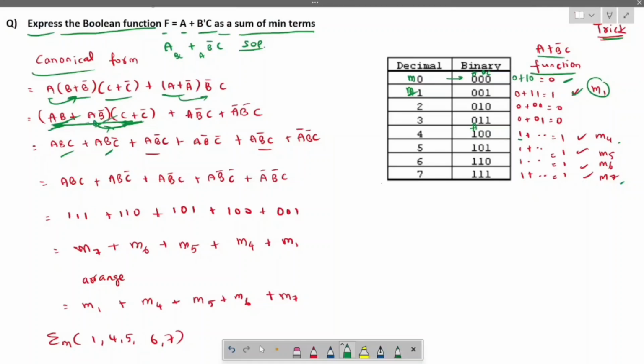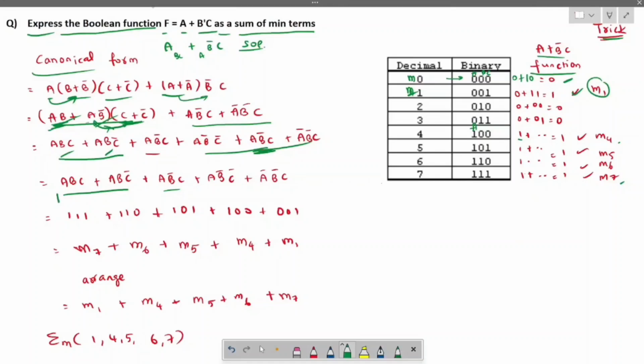Now we are done with this, so write it here. While seeing this, remove the common term a'b'c, which we got two times, and write it one time. The remaining terms we write as they are.